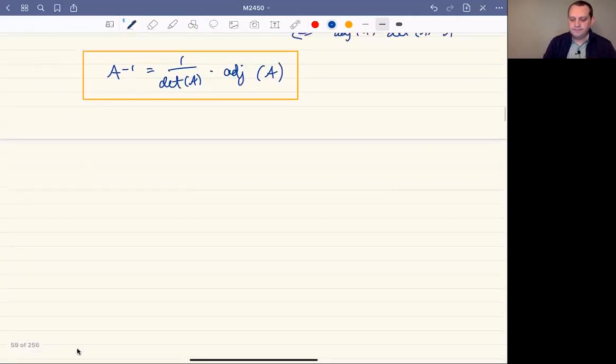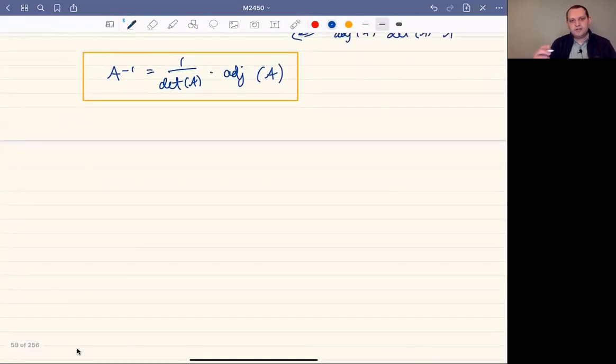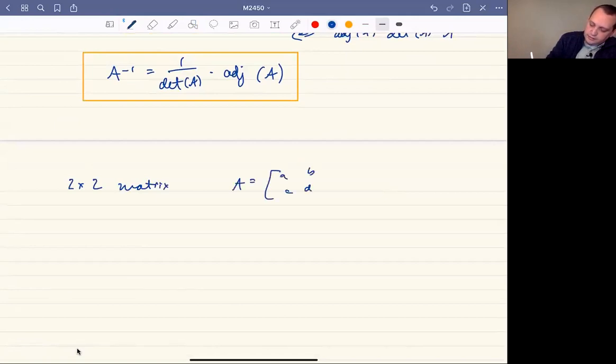I just want to actually revisit one last thing. We know that for a 2 by 2 matrix, let's just say that this is a generic 2 by 2 matrix with entries A, B, C, D. We know how to find, of course, the determinant of A, but also the inverse of A. A inverse was 1 over the determinant of A times the special matrix.